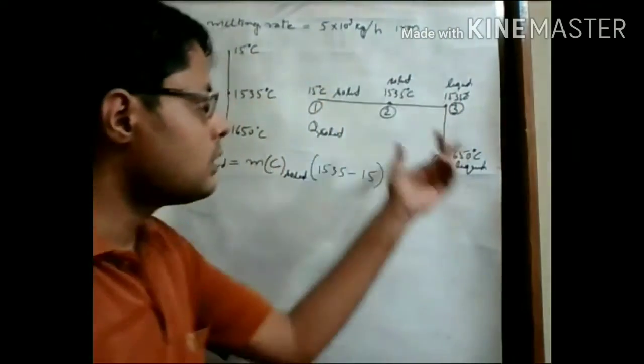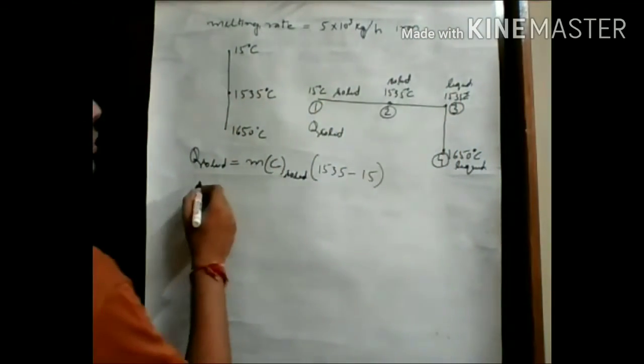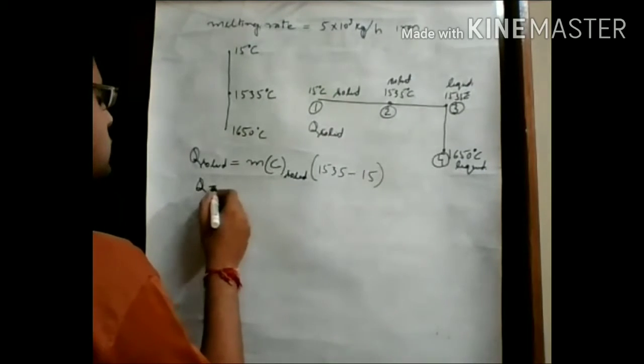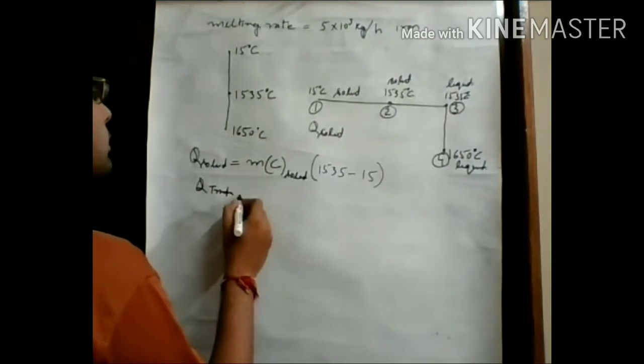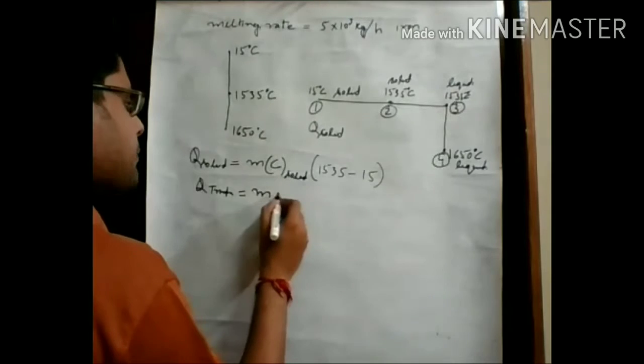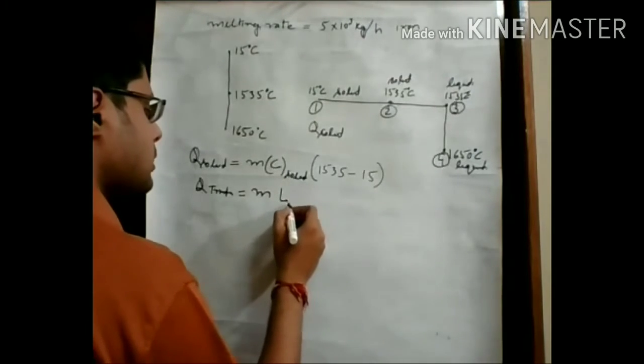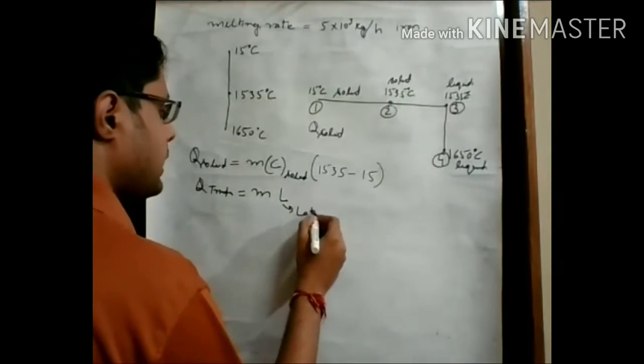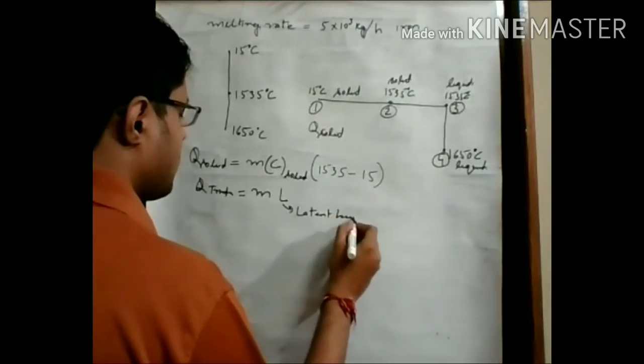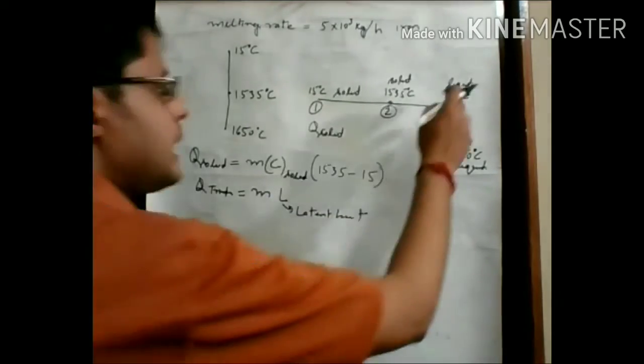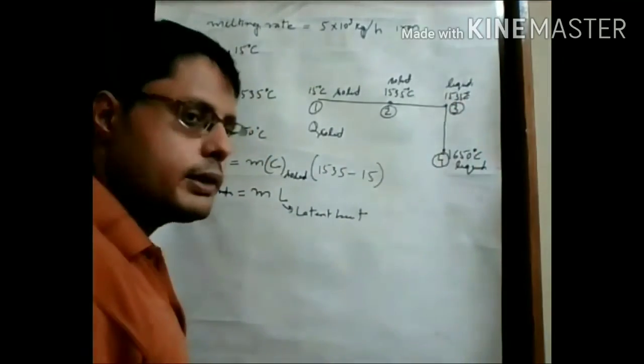Here, for this transformation, we use Q equals M into L, where L is the latent heat of iron. Now this iron has totally converted into liquid state.